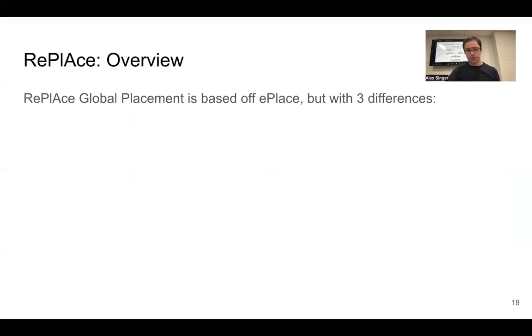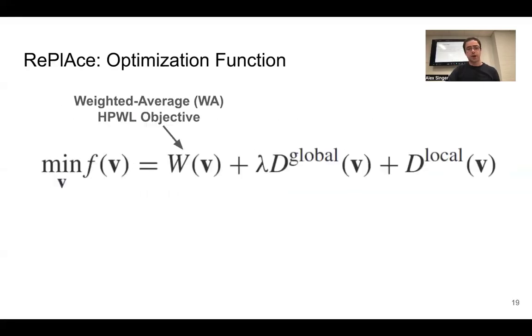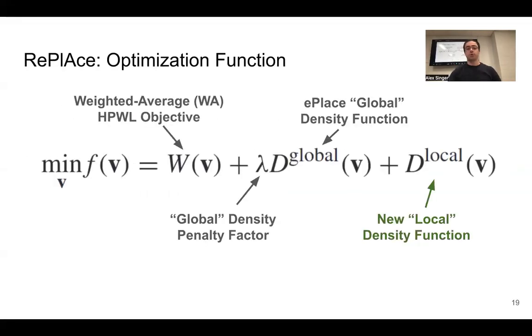So yeah, we then talked about RePlAce, which builds onto this approach by taking our objective function from ePlace, the density function from ePlace, but adding on this new D local, or density local, where they say this density function is specific to the bins, where each bin applies the forces on the atoms within that bin.